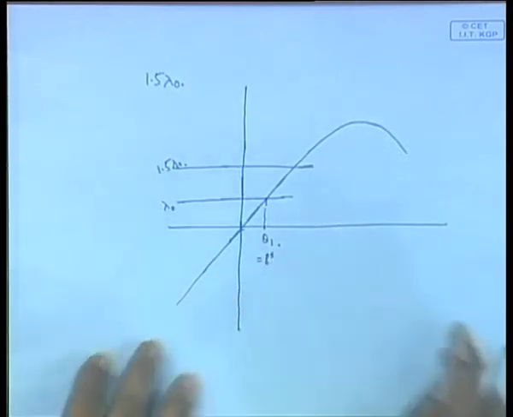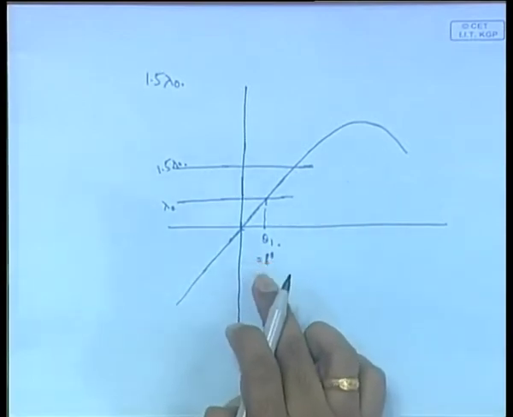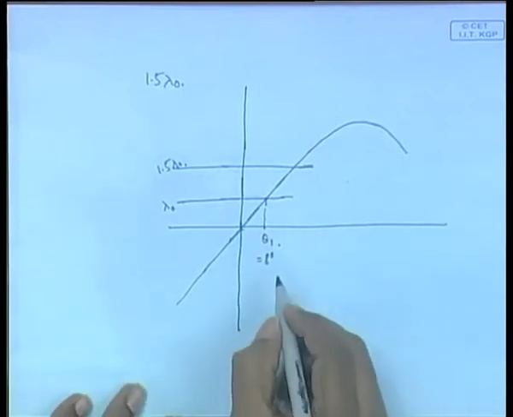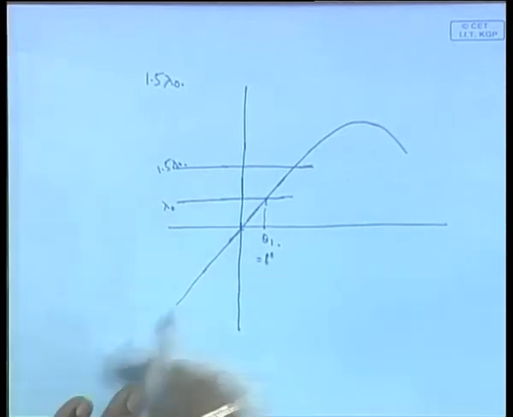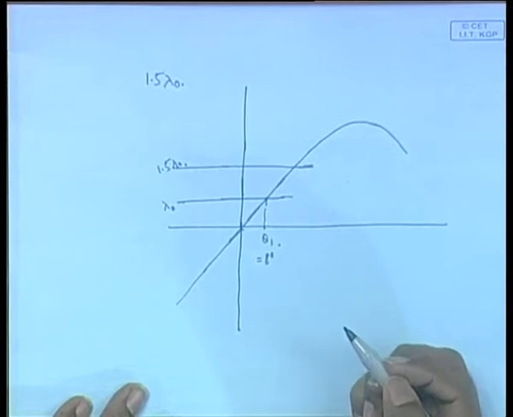This is why I said this problem you have to do in a graph only. I do not see any other way of looking at that figure. So you draw the GZ curve, then you put lambda 0 and 1.5 lambda 0, and you have got theta 1, your 8 degrees.